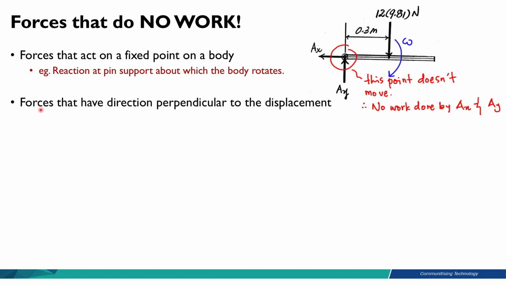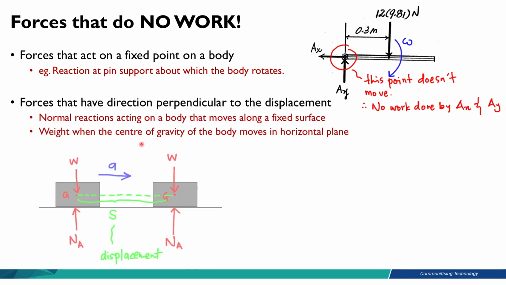We can also have forces that have a direction perpendicular to the displacement. It is not in the same direction as the displacement, but it is perpendicular to the displacement, which in the end makes these forces do no work also. For example, the normal reactions acting on a body and also the weight.